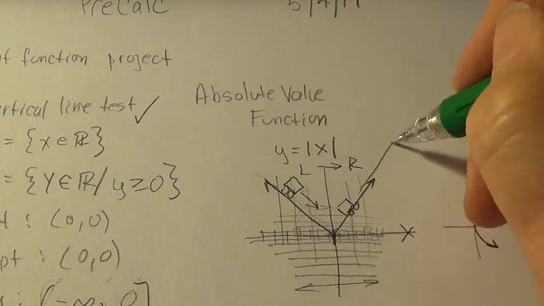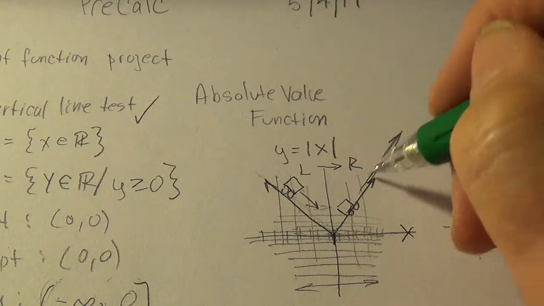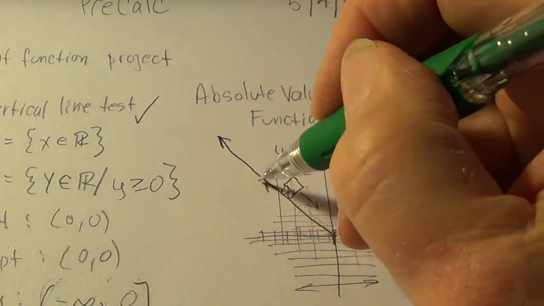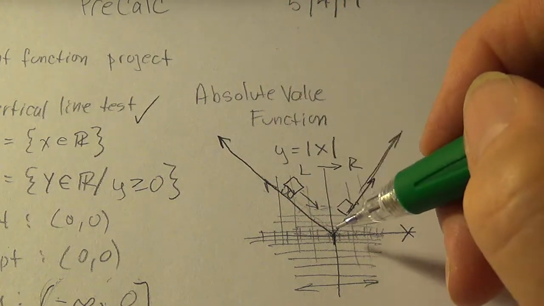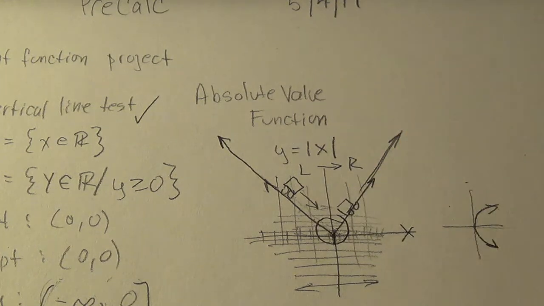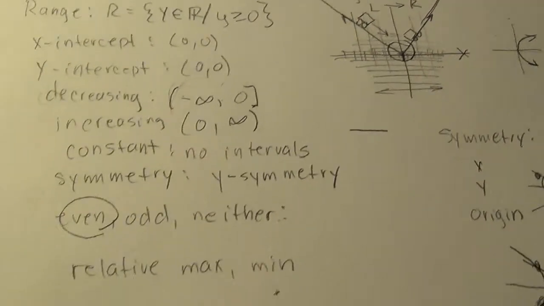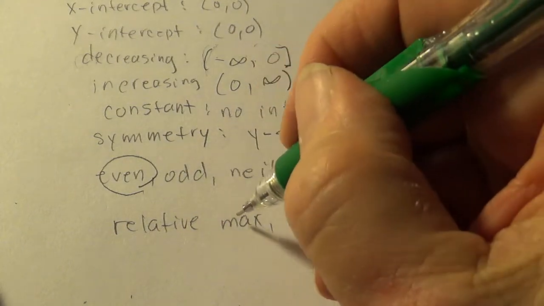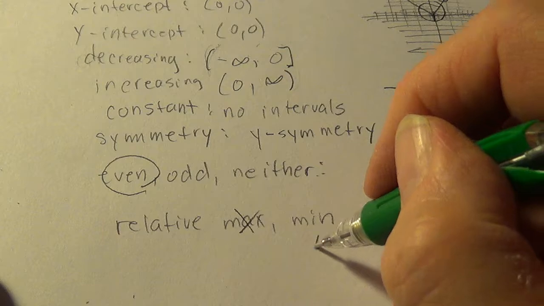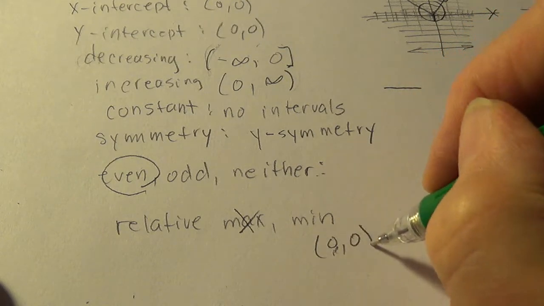Well, you see, this goes forever, so we're not going to see any maximum value, because if I pick one, there's always one that's higher in the y value. But this one here is the lowest y value, so there's no relative max, but the relative min is (0, 0).